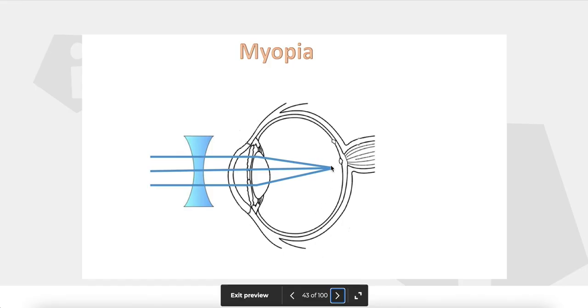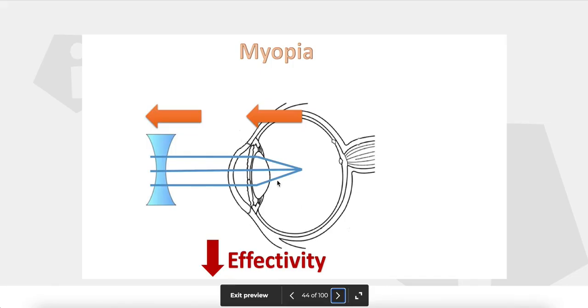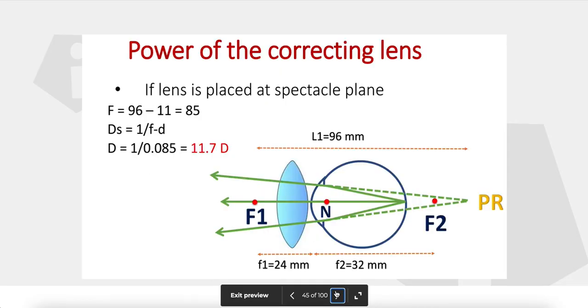So in order to make the focus on the retina, we can either increase the power of the minus lens, or we can move the minus lens toward the eye, because if we move the minus lens away from the eye, the focus will move forward again, away from the retina, decreasing the effectivity. But if we move the minus lens toward the eye, the light rays will again be focused on the retina, increasing the effectivity. That's why the myopic patient tends to push his glasses toward his eyes in order to gain a magnifying effect.